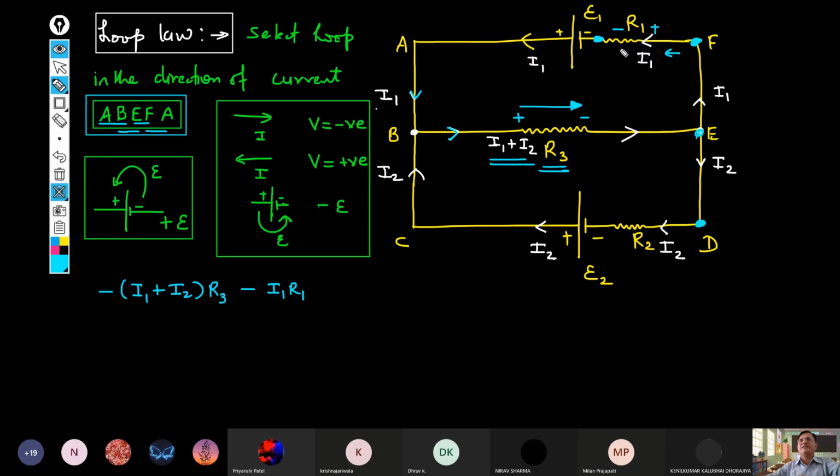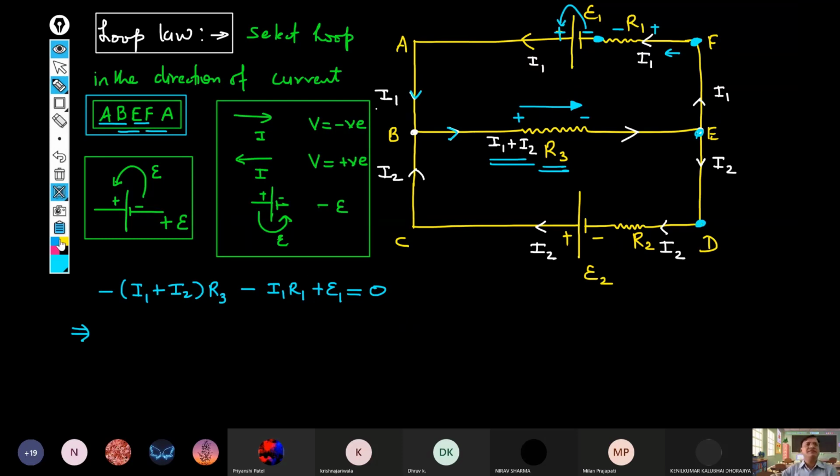Now in the case of the cell, we are moving from negative terminal to positive terminal, so as I told you, we will consider it positive E1. I hope everyone is clear regarding this, and the total sum equals 0.